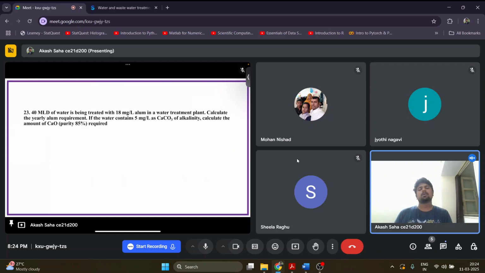Any idea, like 1 gram of alum will react with how much gram of alkalinity? Any idea? Because then only we will be able to solve this problem, right? So what do you think? 1 gram of alum can react with how much gram of alkalinity? Do you know about these ratios?